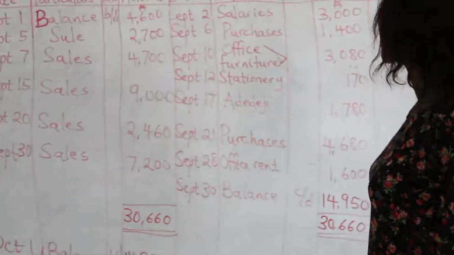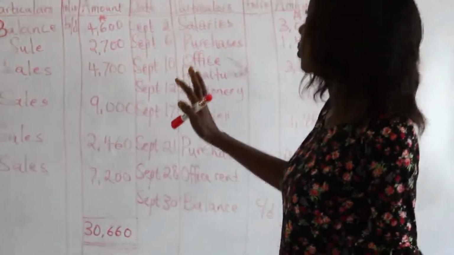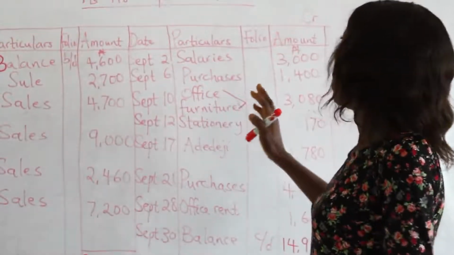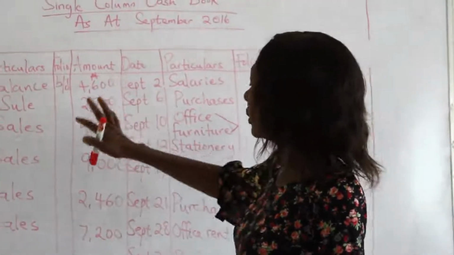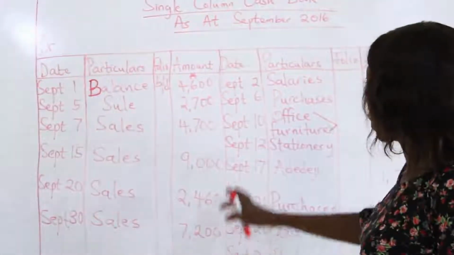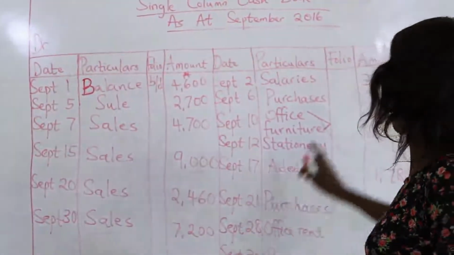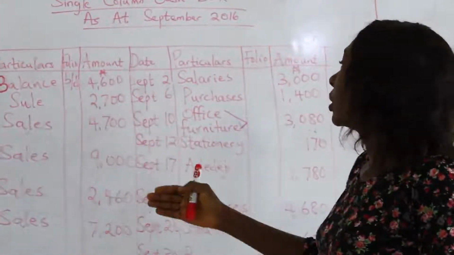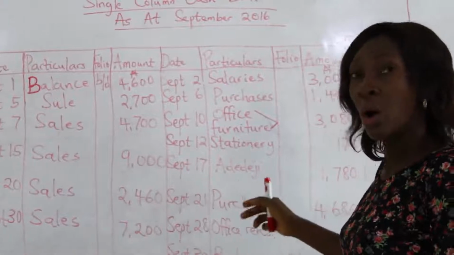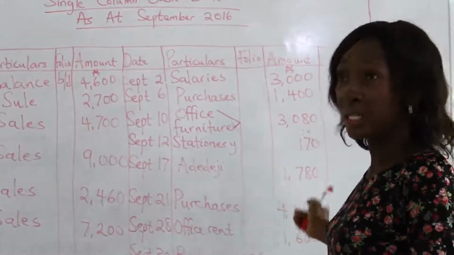Under normal circumstances, in a cash book, whether the single, double or three-column cash book, the entries on the debit side should always be more than the entries on the credit side, which is to say that your receipts should be more or higher than your payments.